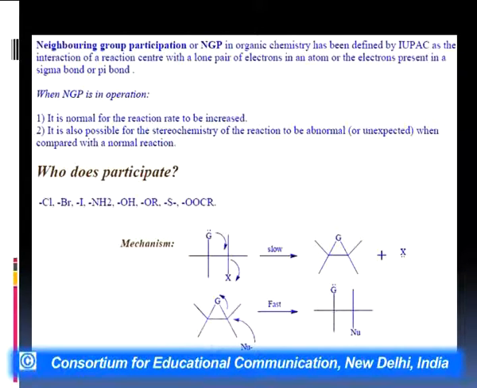That is, any group which is next to the carbon from where the departing group is going to leave, if it has a lone pair of electrons, or there can be an interaction with the sigma or the pi bond, it will participate in the reaction and thus increase the rate of the reaction, and it will also change the stereochemistry of the reaction.